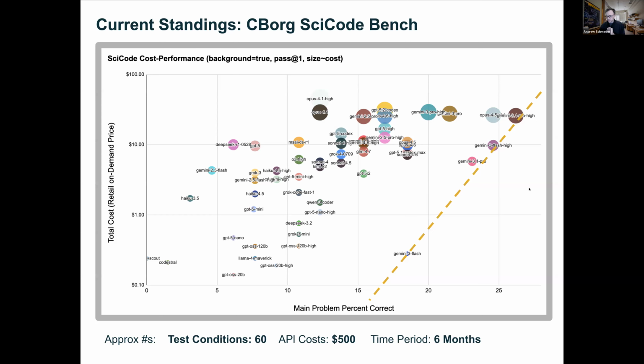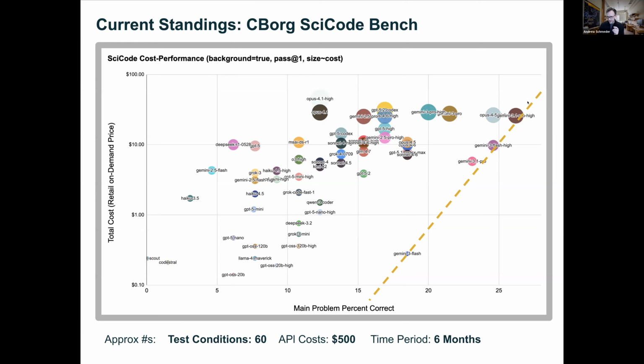So for example, currently the best performing model here is Gemini 3.1 Pro with high reasoning effort. And it's around 26% correct on the main problem. If you were to look at the sub-problem correctness, it's around 65% correct, best case scenario.